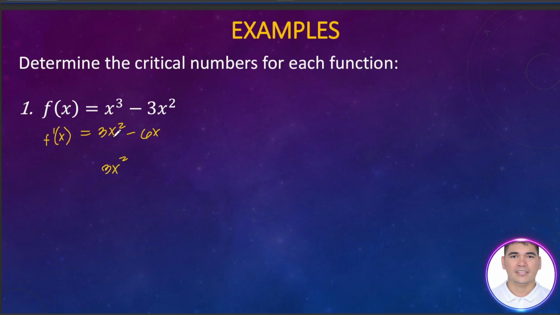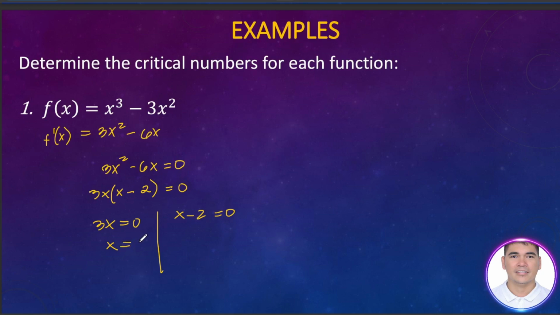So, matapos makuha yung derivative, equate natin yan equals 0. Since we need to find the critical numbers. And then here, we can have the common factor, which is 3x. So, we get x minus 2 equals 0. Right? So now we have two roots. 3x equals 0. Tapos x minus 2 equals 0. So here our x is equal to 0. And here our x is equal to 2.